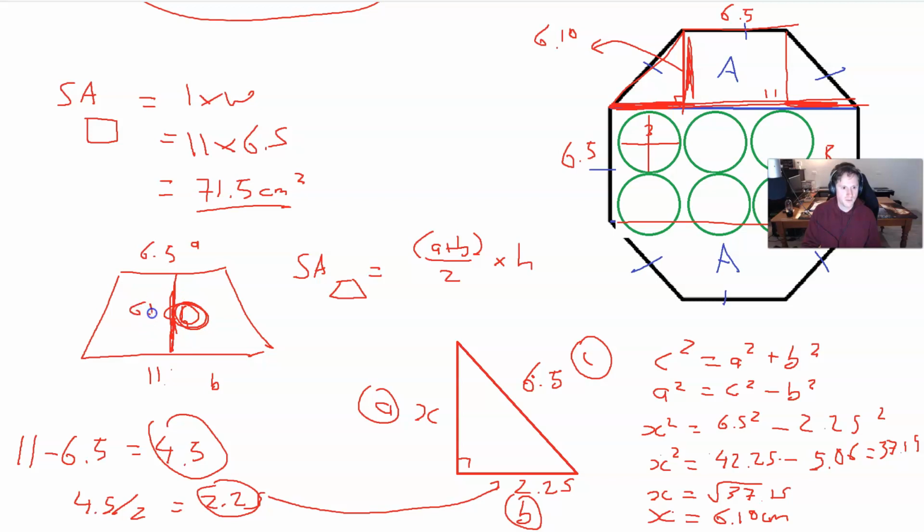So 6.10. So if I insert that into my surface area for a trapezium, so A plus B would be 6.5 and 11, divided by 2, times by 6.1. Okay.